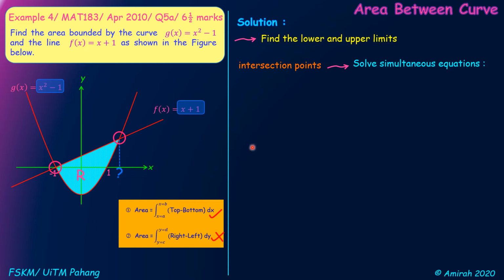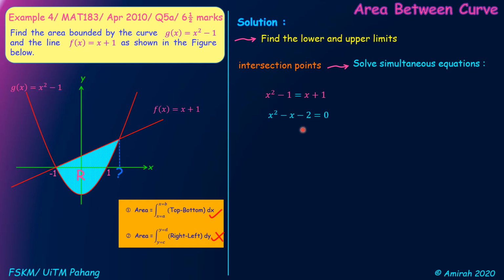So x squared minus 1 equals x plus 1. Then we solve the quadratic equation. The right-hand side should be 0, so we rearrange: the first term contains x squared, the second term contains x, and the third term is the constant.